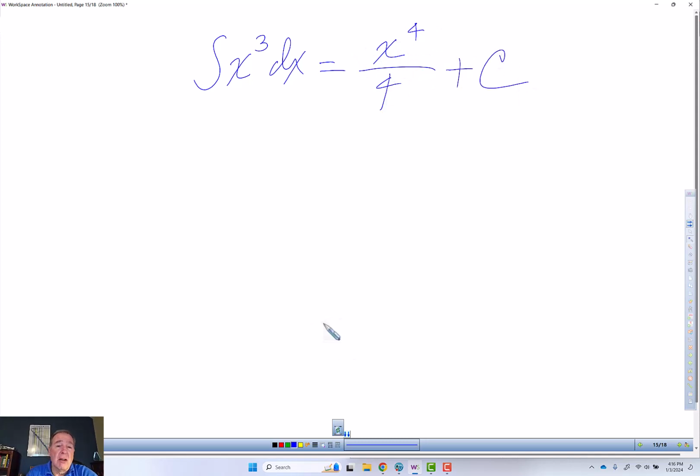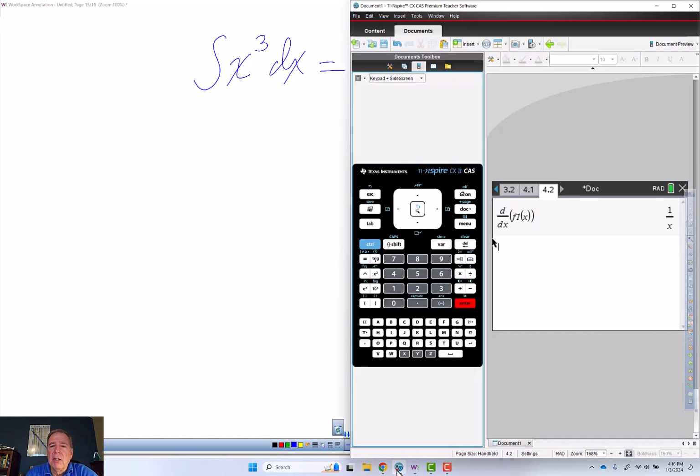Can we do that in the calculator? Sure. So we'll do that in the calculator. So previously, to get a derivative, we did shift minus. Well, if we're going to do the opposite, guess what we do to get an integral? Shift plus. And right now, we're not going to use these first little rectangles.